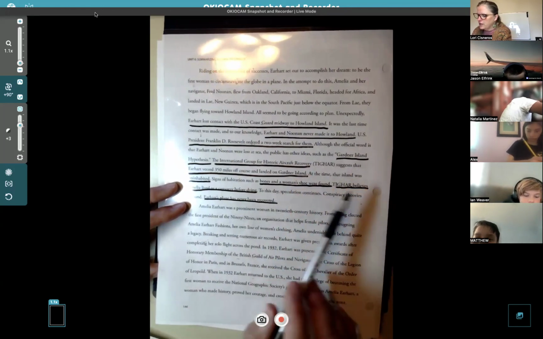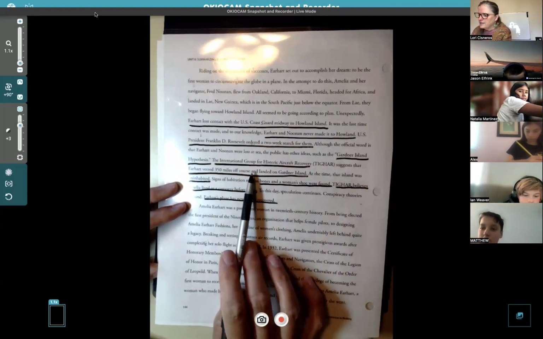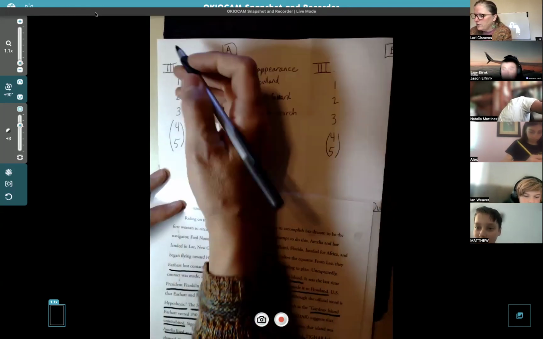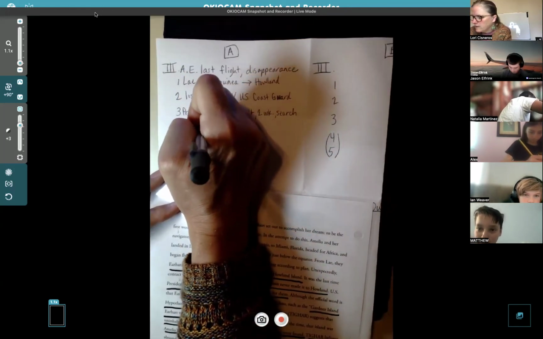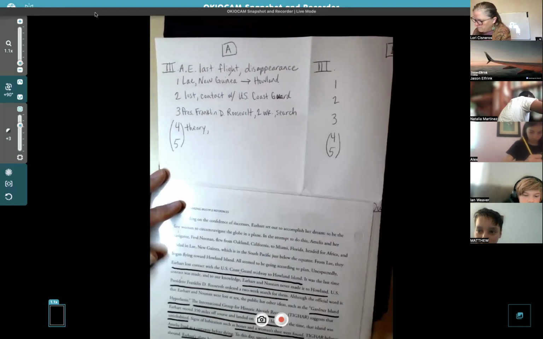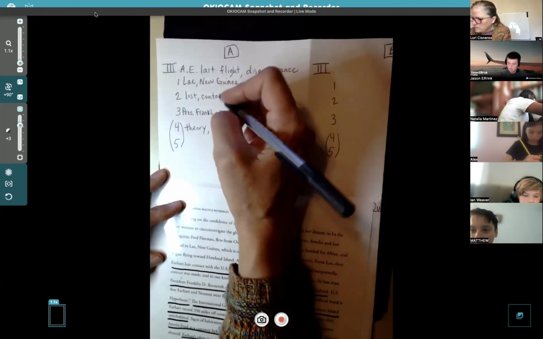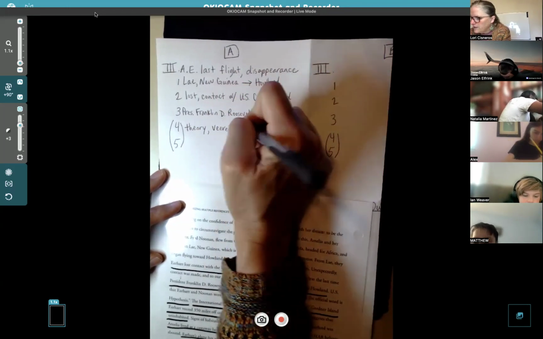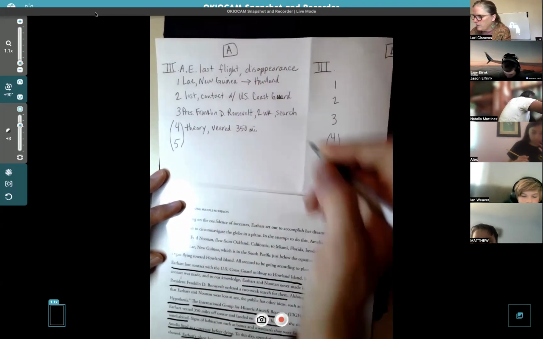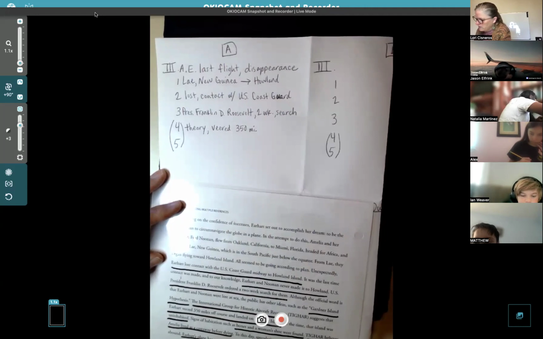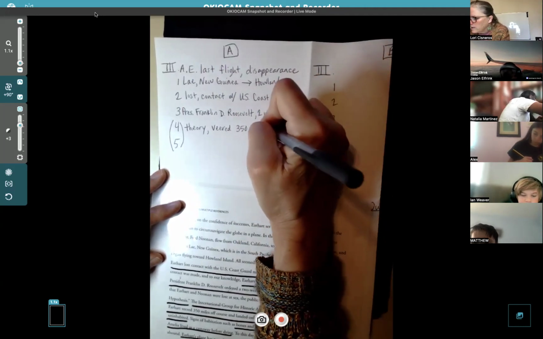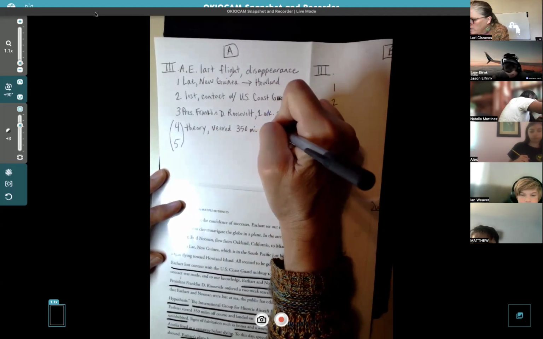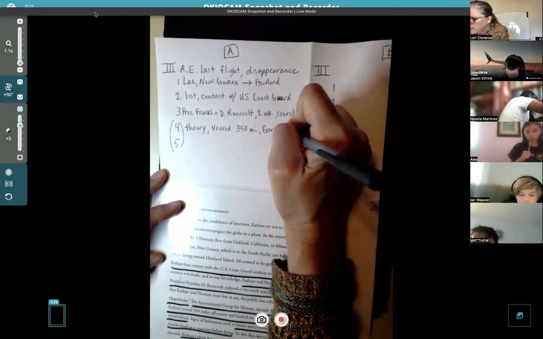So they don't really know. It's still a theory. So I'm going to put the word theory. And then veered 350. And then I'm just going to put MI for miles. And then Gardner Island.